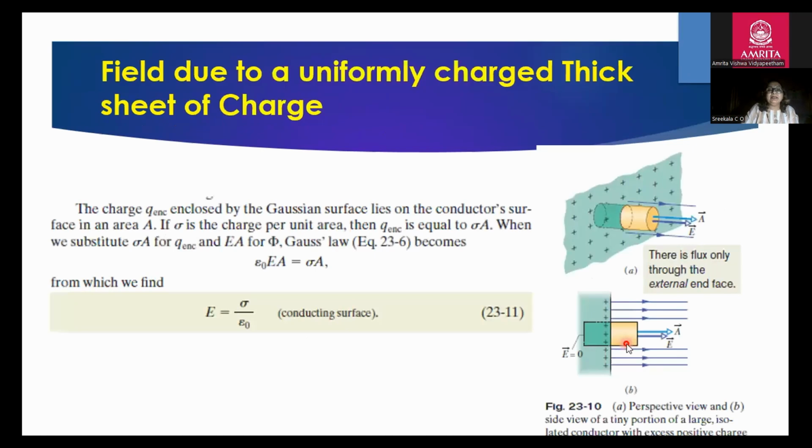If it becomes a thick sheet, then this surface goes into the thick sheet, and you are left with only one Gaussian surface. For that Gaussian surface, it will be epsilon 0 into EA, where EA is the total flux. That's why it will come as sigma by epsilon 0. Is it clear?